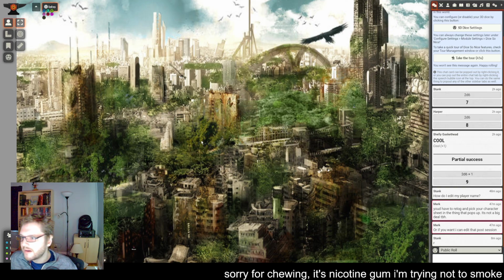As we pull closer and closer in, we see that we're zeroing in on a particular area. It's maybe a little bit less overgrown with vegetation. Clearly, this is an area that people live in. Maybe they've cleared it out. And we see in the center of this clearing, there's a big, fairly intact building.